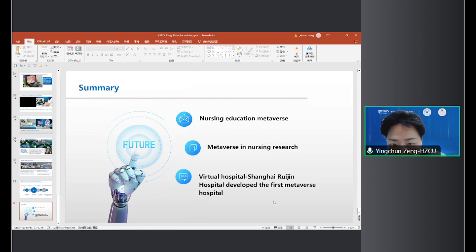In China, metaverse is developing very quickly. I heard the news that Shanghai Regional Hospital has already developed the first metaverse hospital, but I didn't get any details. I only heard this news, and I also expect to take a look at this hospital as well. So that's all my presentation.